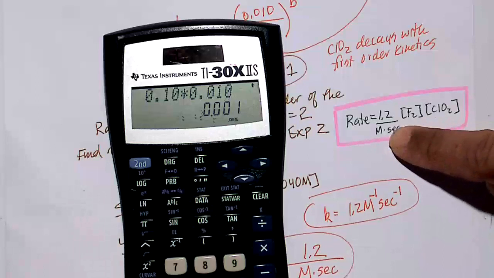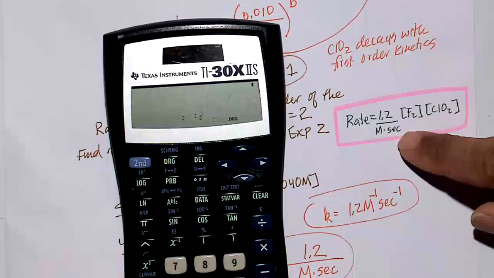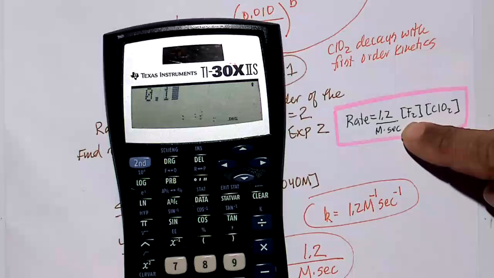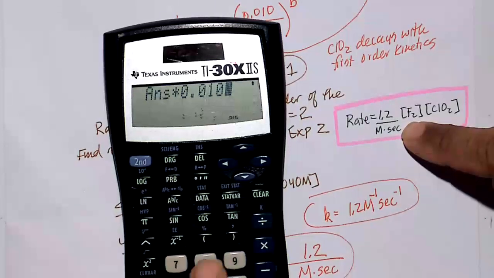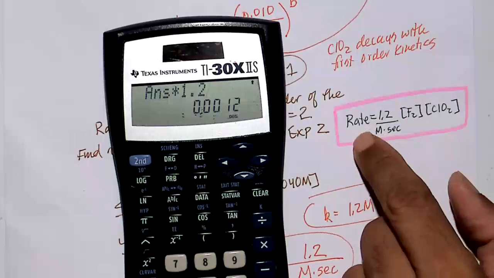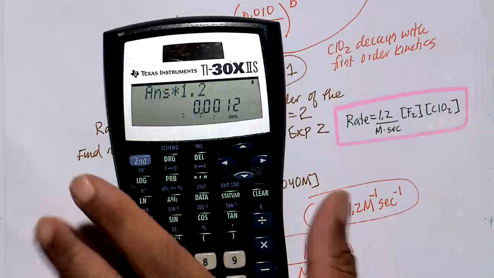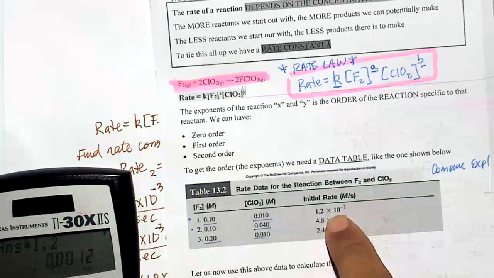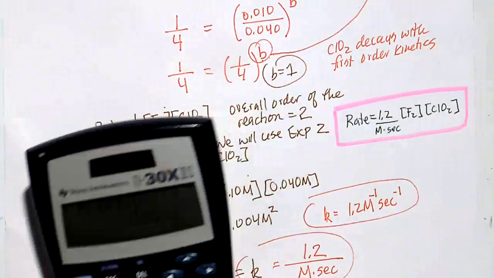Times our rate constant 1.2. So 0.1 times 0.01 times 1.2, and you get 1.2 times 10 to the minus 3 as the rate. So you can double check your answer.